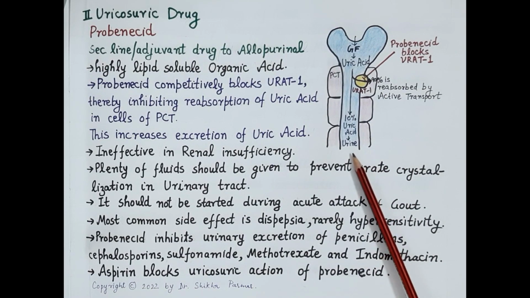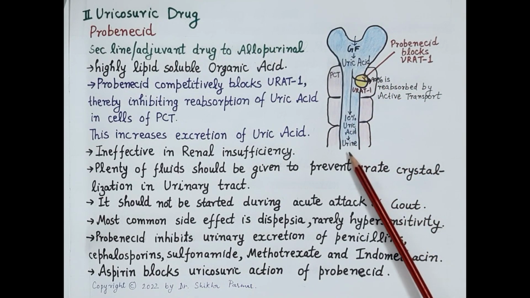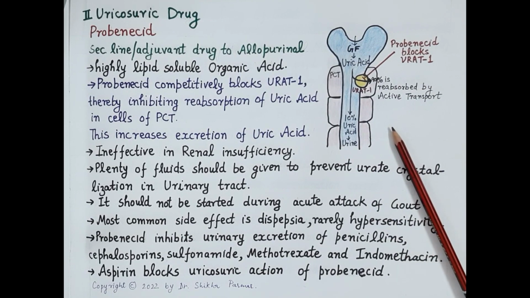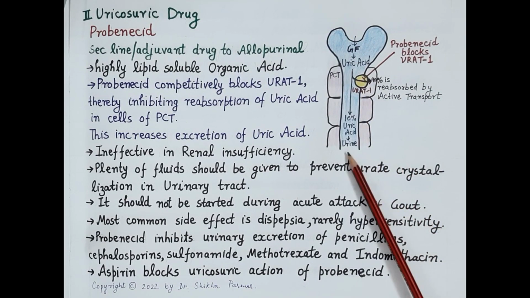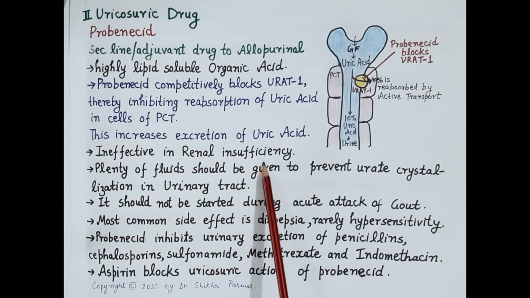This is the mechanism by which probenecid increases excretion of uric acid, thereby reducing the blood levels of uric acid. Since it acts by increasing excretion of uric acid, probenecid is ineffective in renal insufficiency.